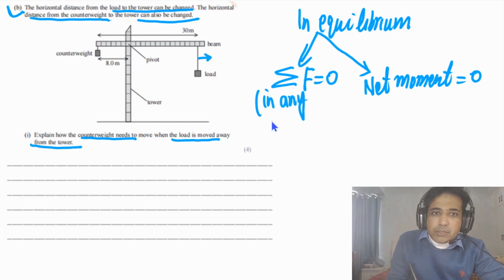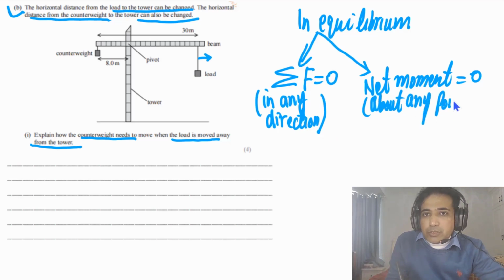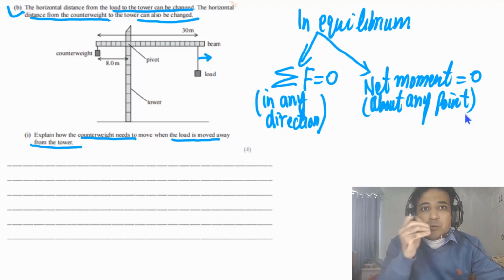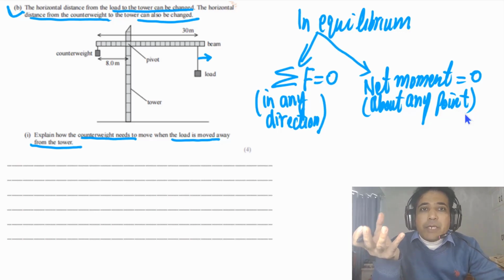So we can say the resultant force in any direction has to be equal to 0, and the net moment about any point has to be equal to 0. This is very important, and this is complete physics, or we can say right physics. If you simply remember the total sum of forces is equal to 0, that is not the right way to state the condition for equilibrium.